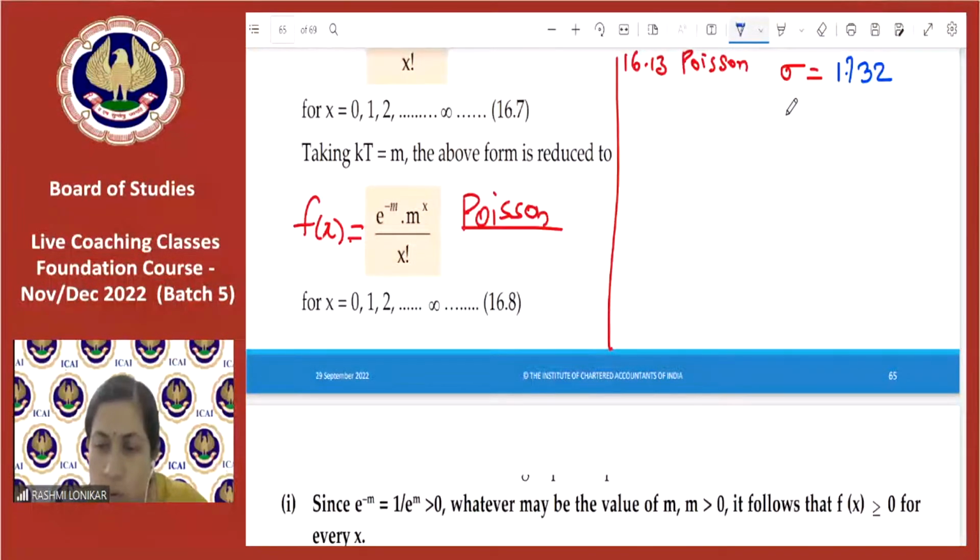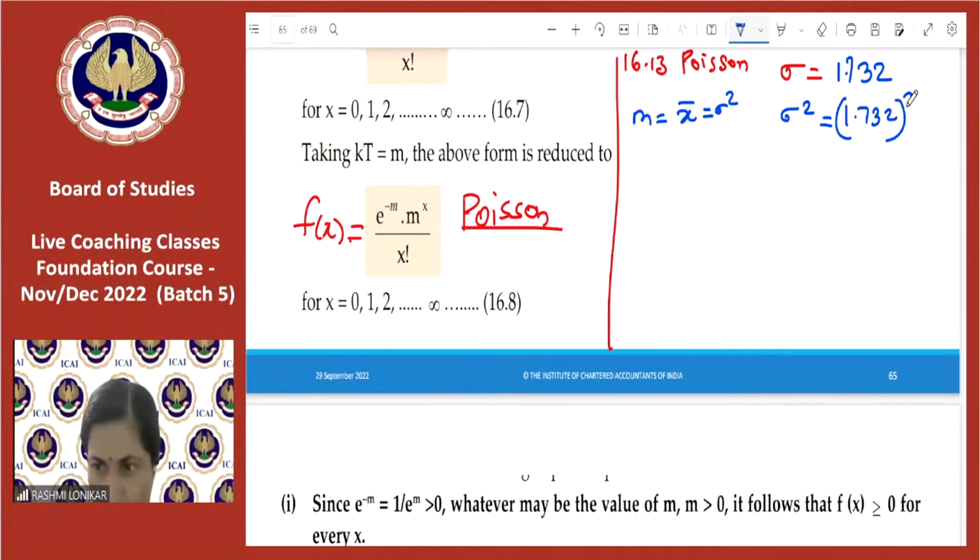So I square this because I know that m is equal to x bar, which is equal to sigma square in case of Poisson, which is equal to 1.732 whole square. Now this square is equal to 2.99 something, so we take it as 3. So I get m is equal to 3.